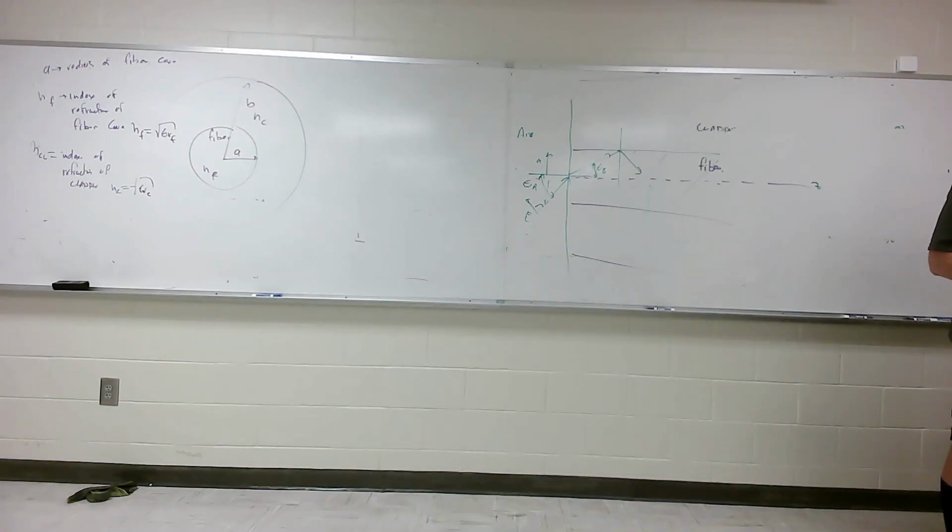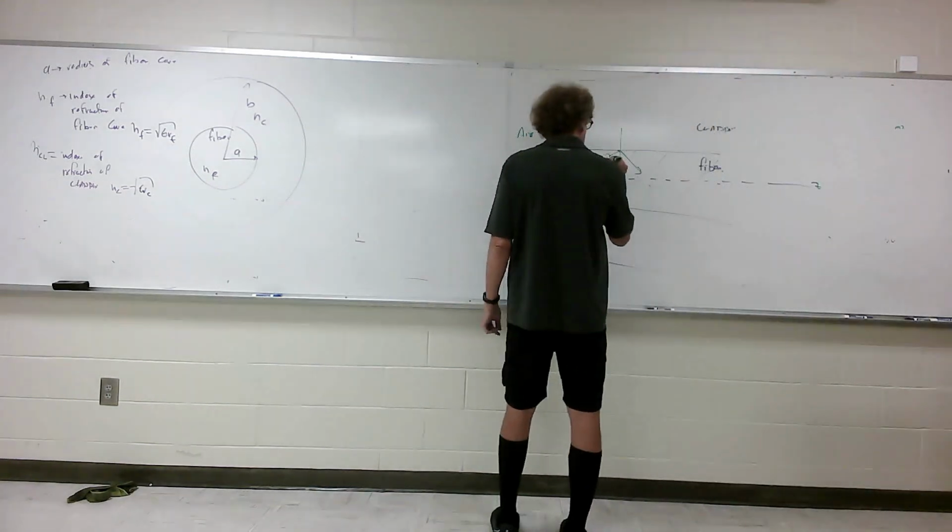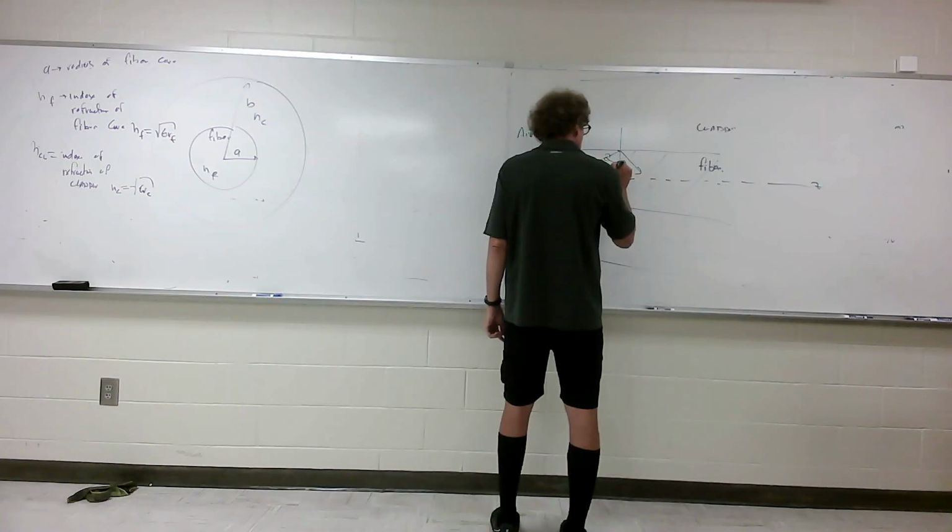I think I am. He's showing this, the diagram I'm trying to show you, on page 410. It's figure 7.22. And he's going to call this right here theta C.